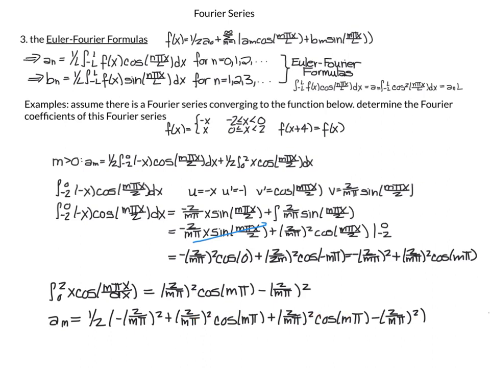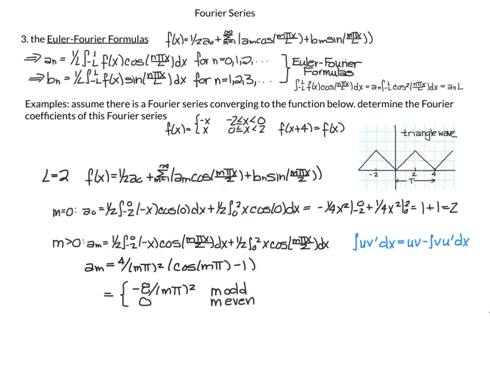I can see that it simplifies some. I can combine my cosine of m pi terms, and I can combine my constants, and I get a final answer of a sub m equal to 4 over m pi squared times cosine of m pi minus 1.